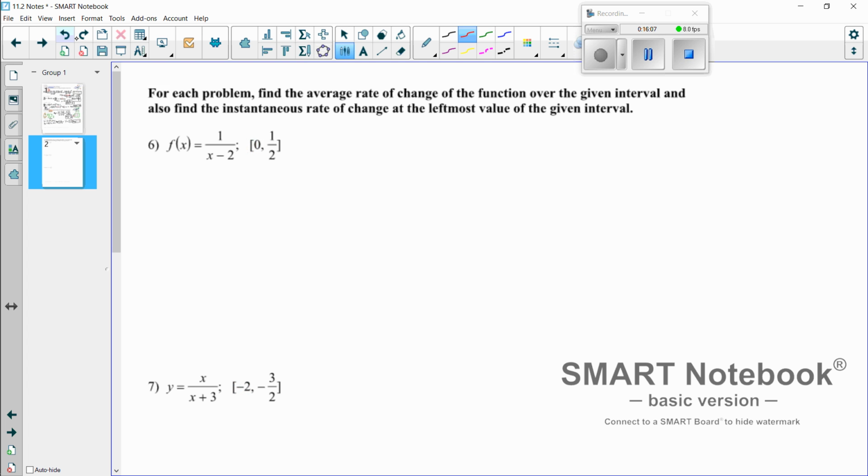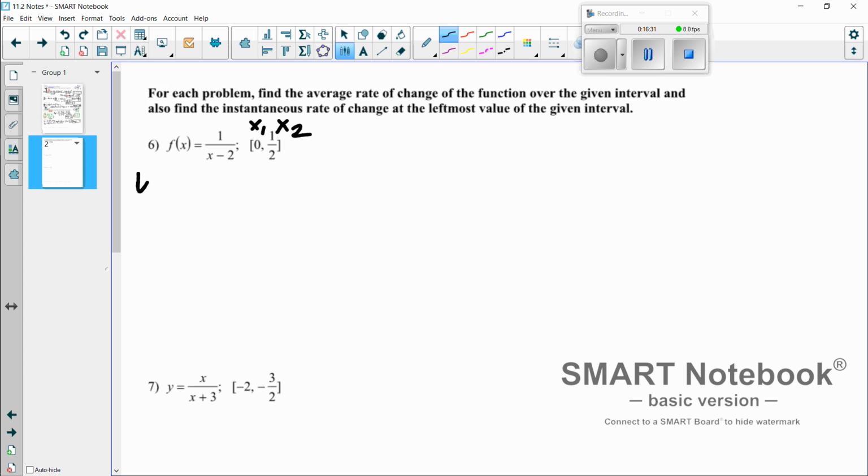So we really have 2 things to do. Find the average rate of change, and then find the instantaneous rate. Okay, so let's do that then. The first thing we're going to do is find the average rate of change, which is exactly what we just did. Okay, so let's denote what x1 and x2 is. X1, x2. Let's find y1 and y2.